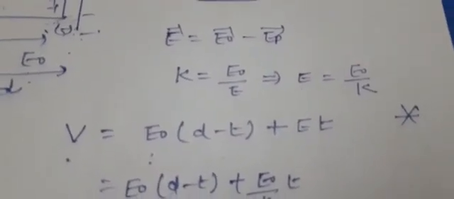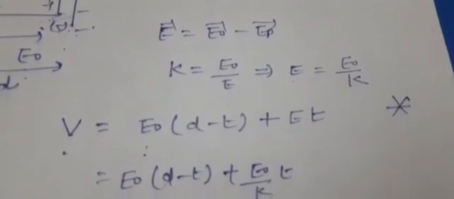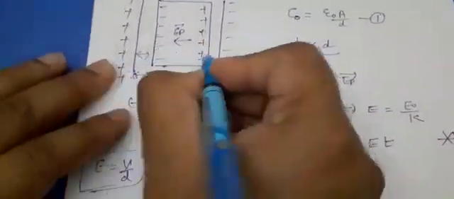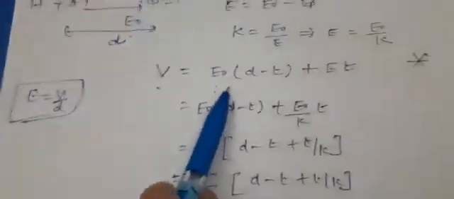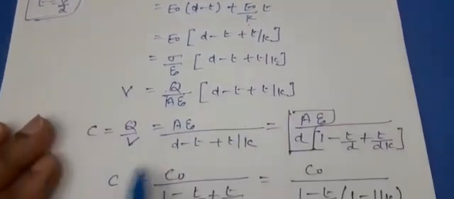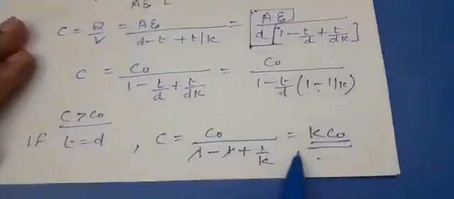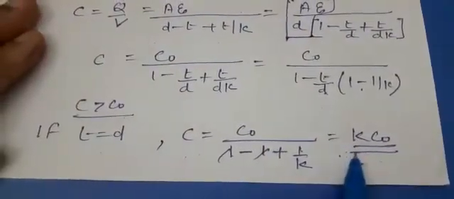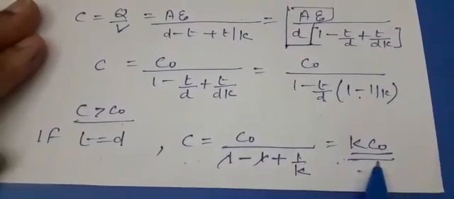As in between the dielectric the electric field is reduced, it is E into t, whereas in between the gaps where the thickness is d minus t, for this portion, electric field will remain the same, E naught. Now, substituting the values, rearranging the terms, you get the capacitance of parallel plate capacitor. Under one special case, we conclude that capacitance is k times the initial capacitance.